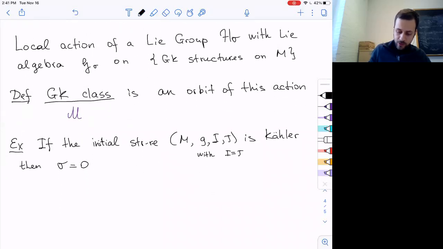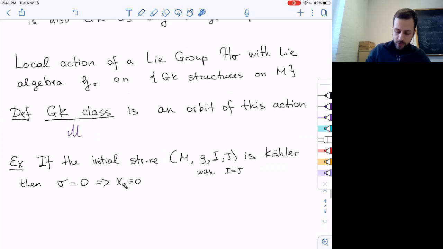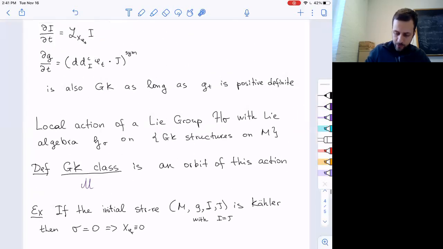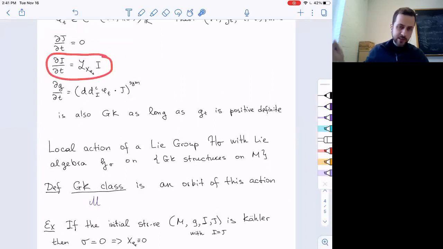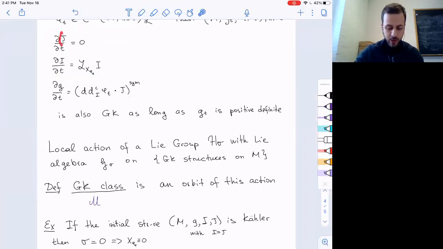And since the Poisson tensor is 0, it implies that the vector fields which we consider, the Poisson vector fields, are identically 0. So if we go back, if we scroll to the definition of the deformation, it tells us that the second complex structure also doesn't float. So J stays fixed and I also stays fixed.